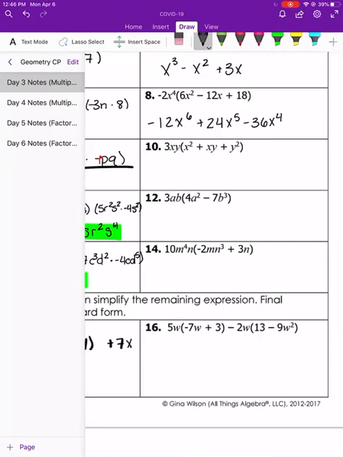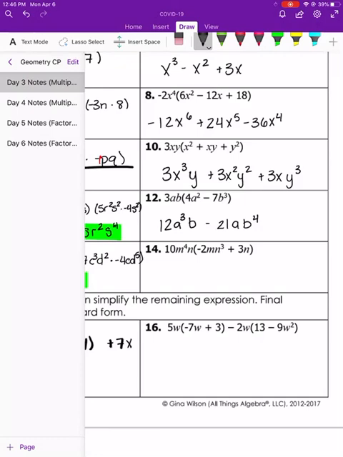For problem 10, you should get 3x to the 3rd y plus 3x squared y squared plus 3x y cubed. For problem 12, you should get 12a cubed b minus 21a b to the 4th.